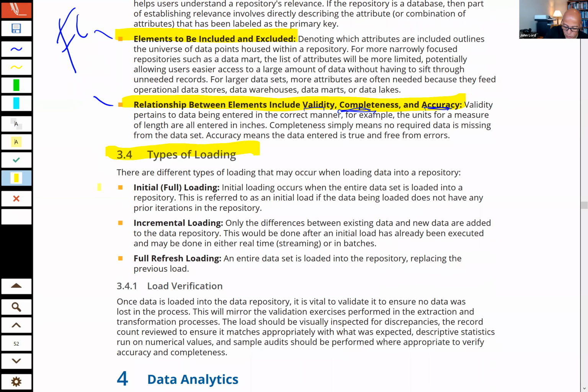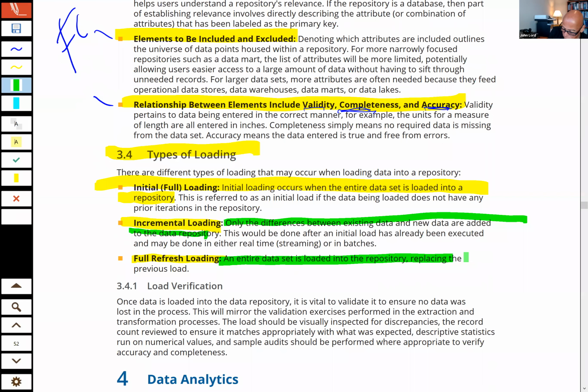Types of loading. You can do an initial full loading. That's when you first bring the data into the repository. Obviously, you're going to have to upload a complete set of records, right? Then from that point forward, you could do either incremental loading or a fresh reloading. They don't say reloading, but it's really a fresh reloading. Under incremental loading, only the difference between existing data and new data is added to the repository.